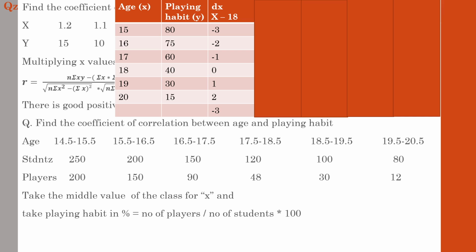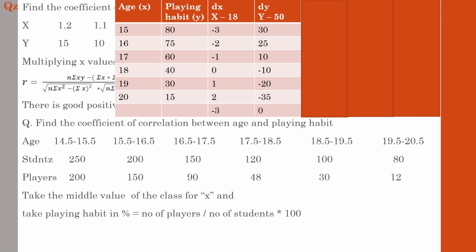It may be some 16 or 17 or 17.5 or 19. Never take that value. If you are using the assumed mean, take any value that is preceding or succeeding the mean of that x. So on the base of that, we have found the value of dx: minus 3, minus 2, minus 1, 0, 1, 2, and the total of that column is minus 3.